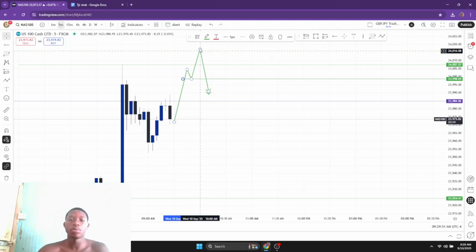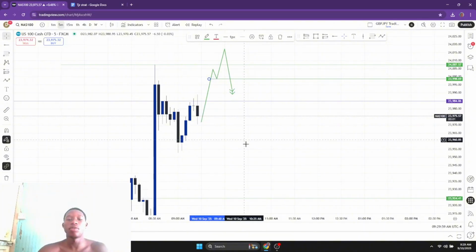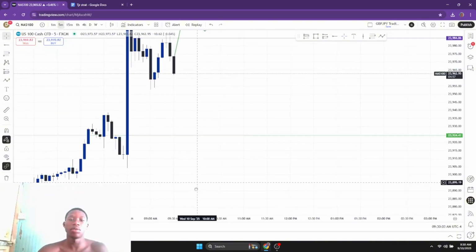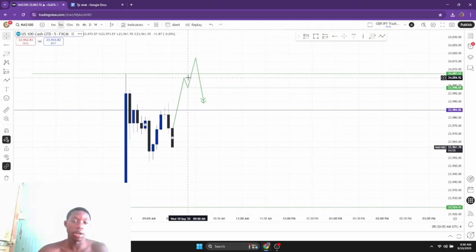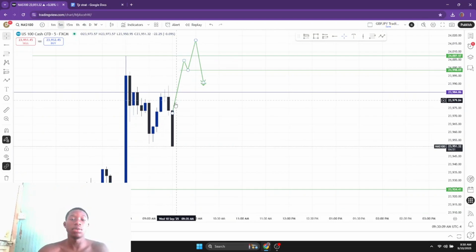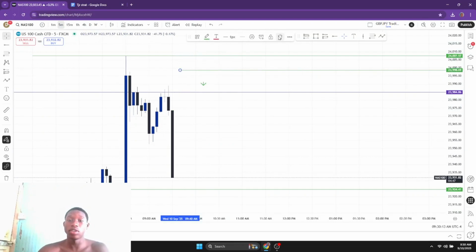When price goes up, sweeps that 15-minute liquidity, then shows signs of reversing, which is breaking that structure right there, then we enter there and we go for longs, put our first take profit down there, second take profit right down there. But it doesn't look like that will happen. It's looking like price has a nice rejection from that daily liquidity point, and that's exactly what we're on right now. Oh my god.